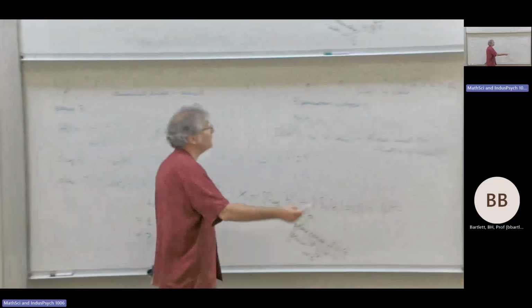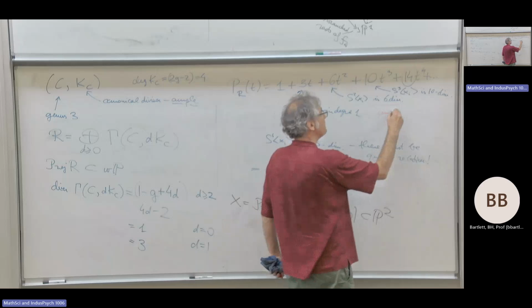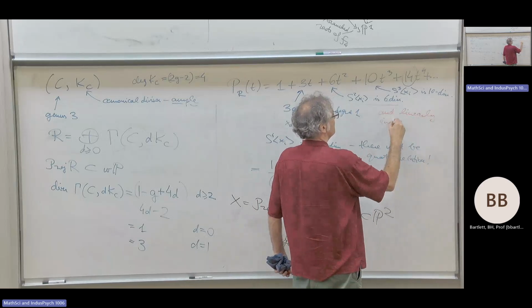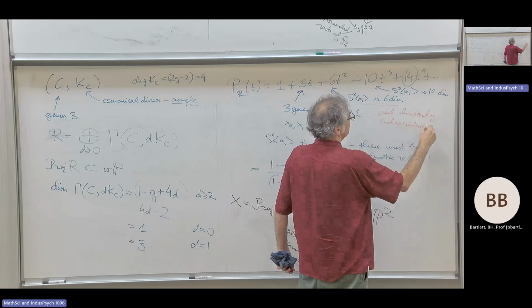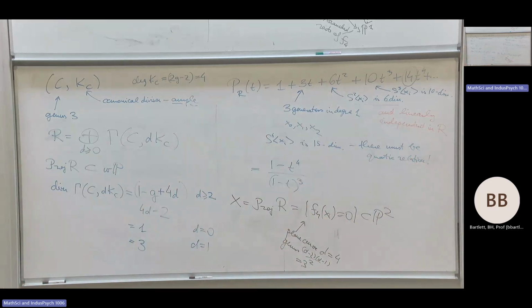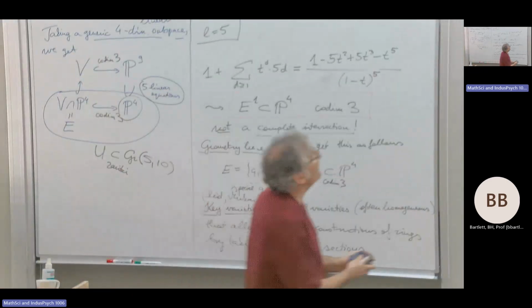The assumption was that if this is 6-dimensional and they are linearly independent in the ring, that's an assumption. If this is satisfied, then you get this curve. But actually, for this Hilbert function, there's another solution.